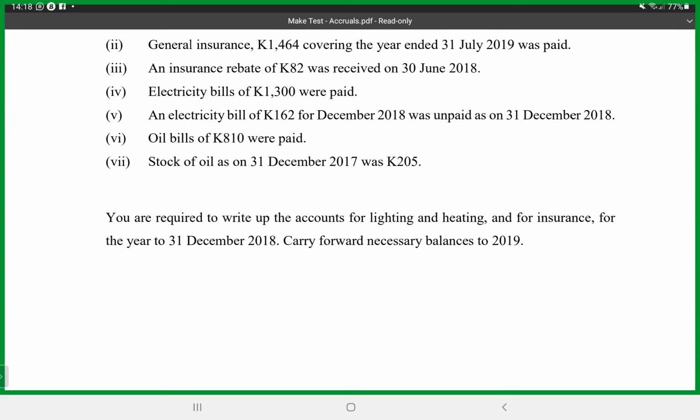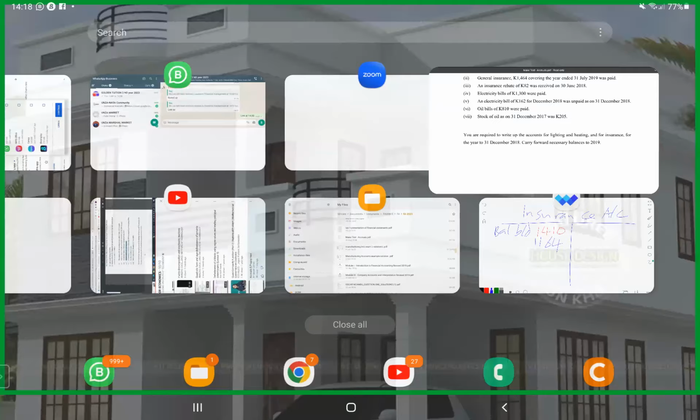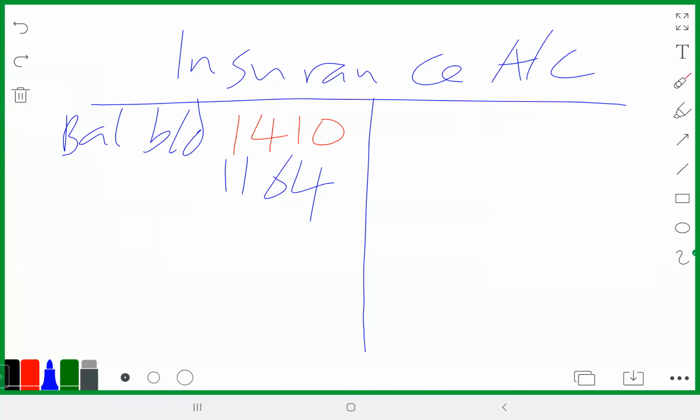You paid an amount of 1,464 as general insurance. Just that as a description, general insurance. So you record that 1,464 under the general insurance. You just record the amount.